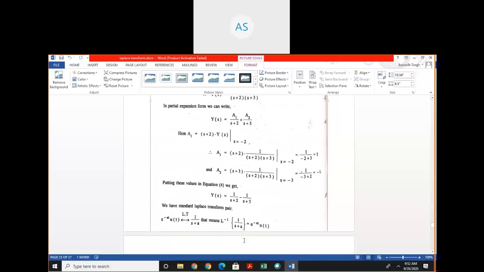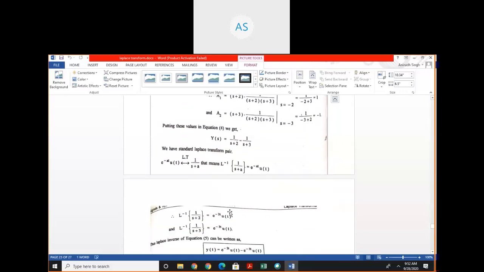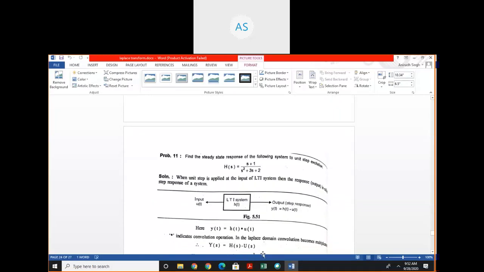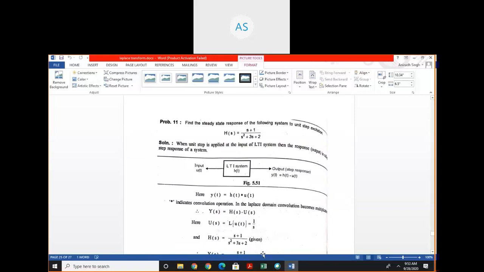So the value of x of s is 1 by s of 1 by s plus 3. So we substitute the value of x of s. If we take y of s common, we get y of s multiplied by s plus 2 is equal to 1 by s plus 3, or y of s is equal to this.